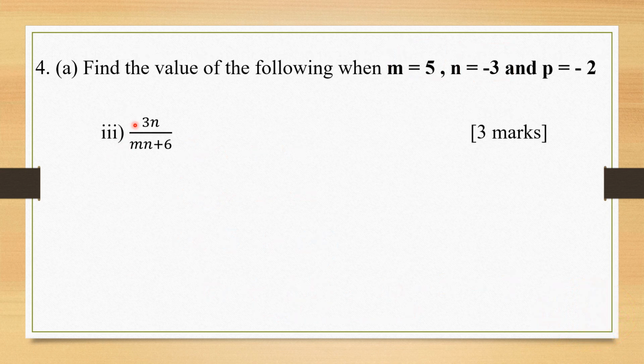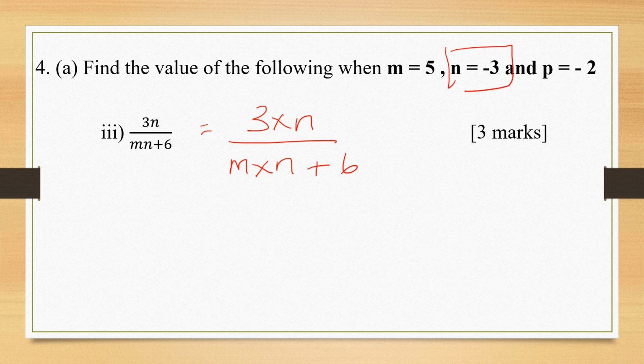Part 3. 3n over mn plus 6. So 3 times n, that's what it means, m by n plus 6. So n is -3.